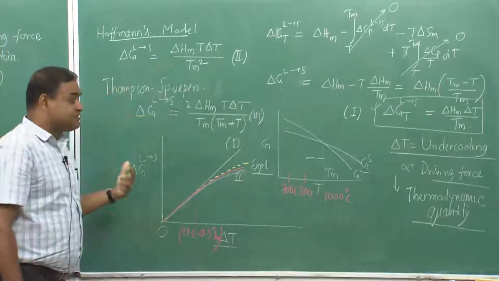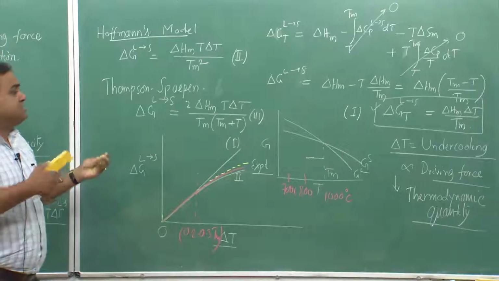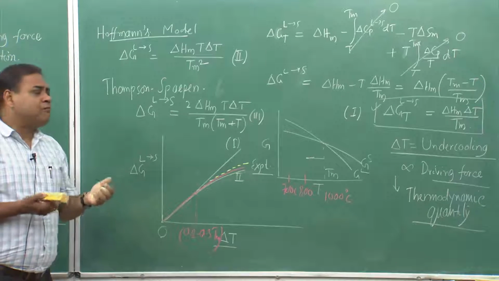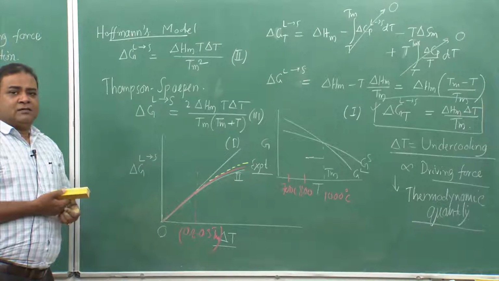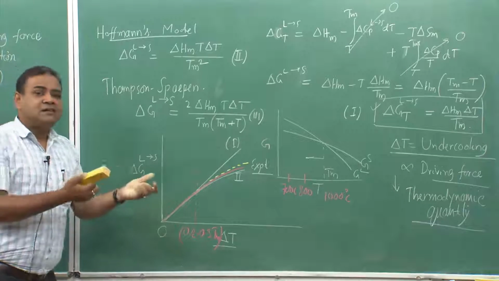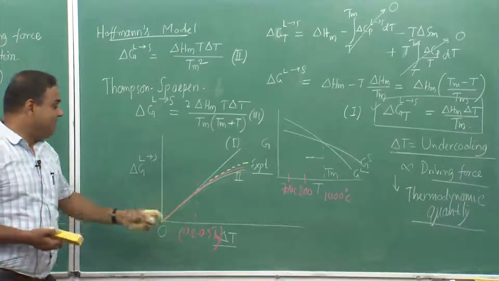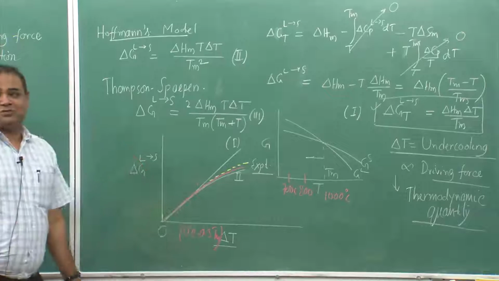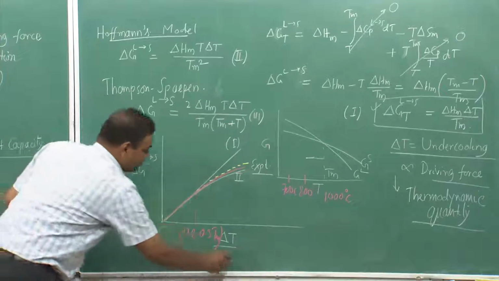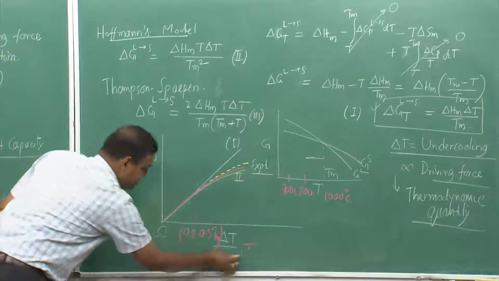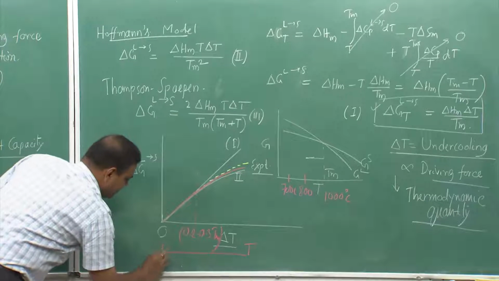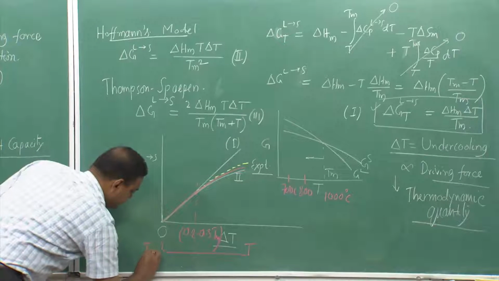You would also see later that most of our practical values lie in this temperature range. If I plot in terms of temperature, this particular temperature which is 0 is Tm.